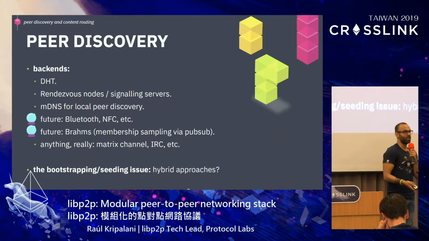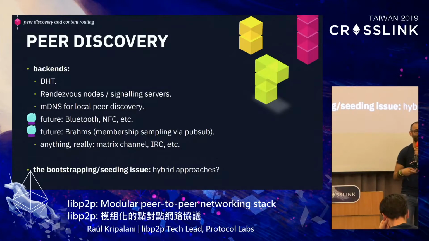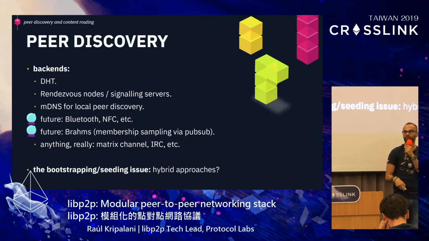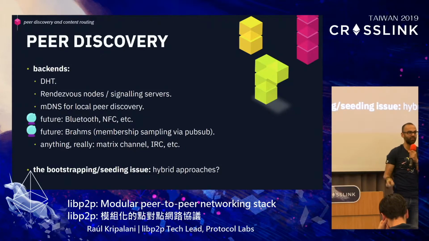So one implementation of this interface is a DHT, which is a very widely used concept in peer-to-peer networking for peer discovery. It can also be backed by rendezvous nodes. It can be backed by things like mDNS for local peer discovery, and in the future we'll be able to use Bluetooth and even hybrids of these systems, because one of the problems of discovery networks, a recurring problem, is bootstrapping, right?